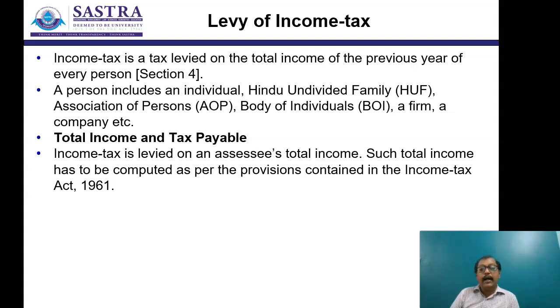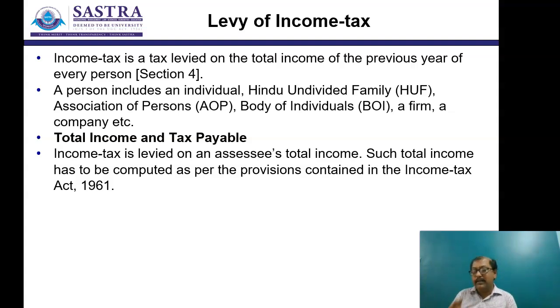Total income and tax payable. Income tax is levied on the assessee's total income. Total income constitutes all five classifications of income that we are going to deal with in the near future. Such total income has to be computed as per the provisions contained in the Income Tax Act 1961.